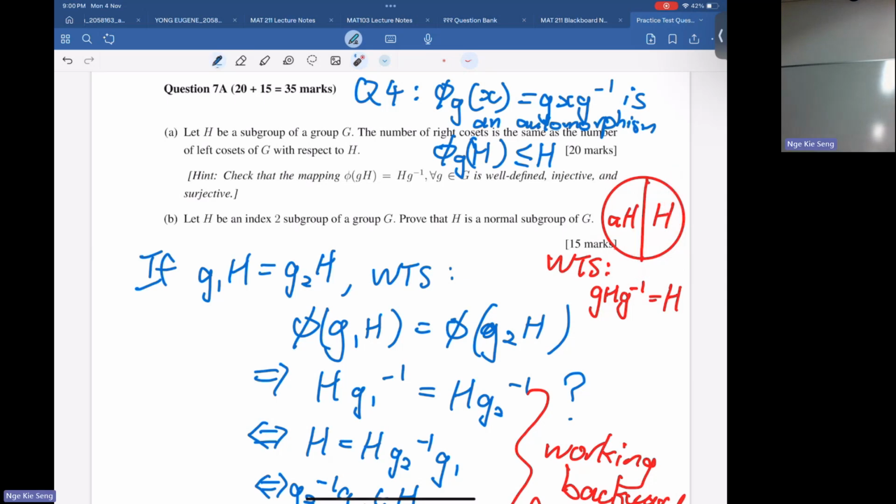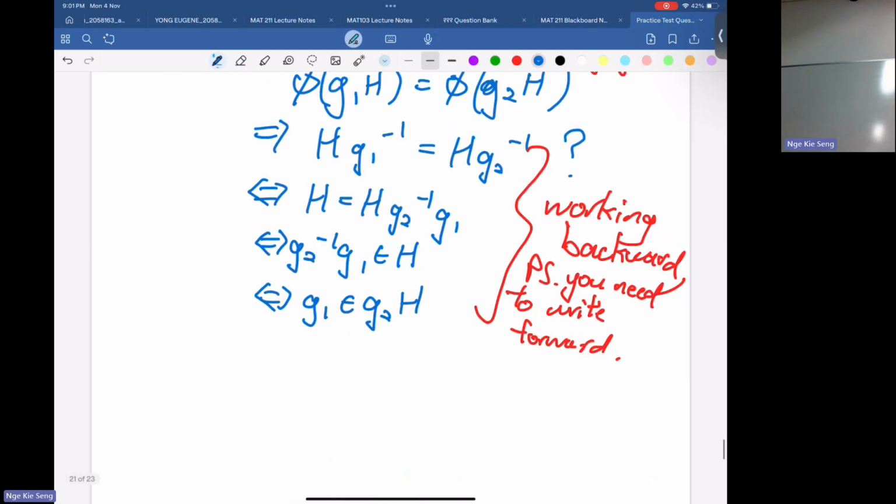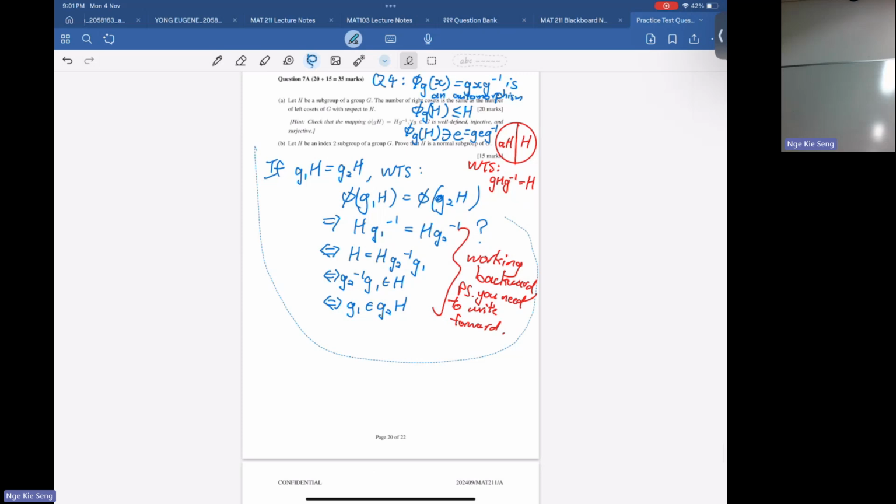Okay, so what is inside phi g of H here? I claim that there's the identity inside here. Does this image have the identity? Where do I get the identity? I just take e conjugated with g, because H is a subgroup. Okay, let's move everything outward first.